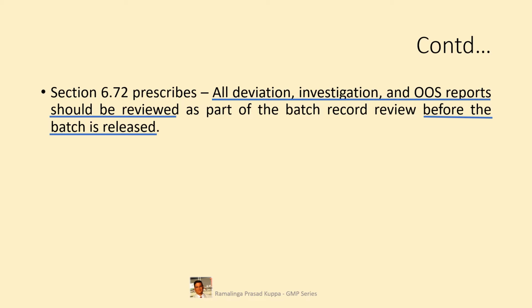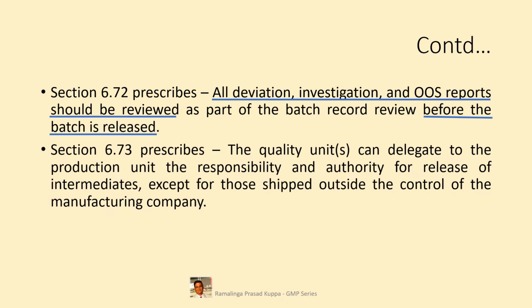Section 6.73 prescribes the quality units can delegate to the production unit the responsibility and authority for release of the intermediates, except for those shipped outside the control of the manufacturing company.